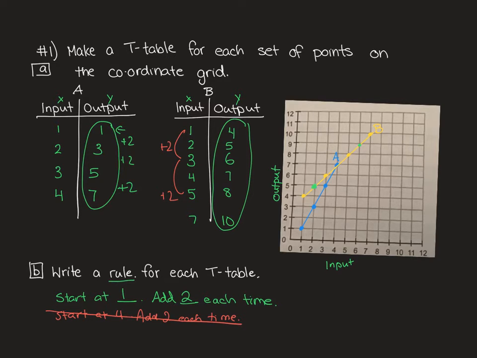And if I looked at a dot here, well, that's 6 and 9. Really, if you included all the numbers in between, each time you're not adding 2, you're actually only adding 1. So the rule for this one would actually be start at 4 and add 1 each time. So don't be tricked if they're skipping ones, but there are points in between.